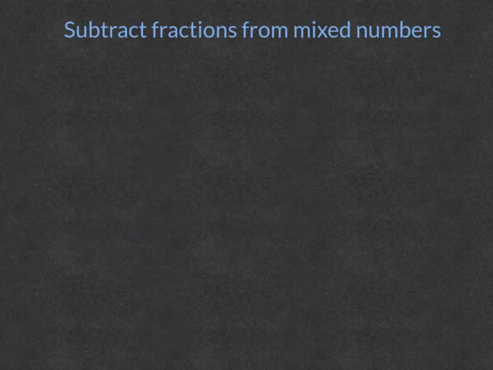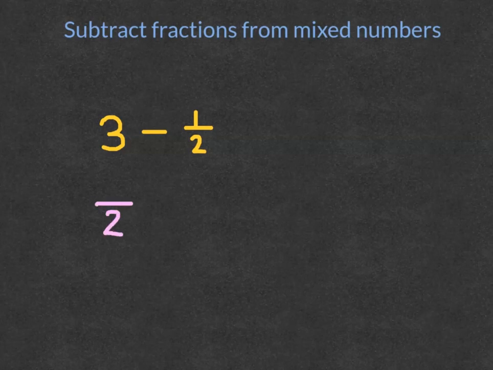I'm going to work through one more before I give you one or two to try at home. 3, take away 1/2. Our first job is to change that 3 wholes into a fraction, and we want the denominators to be 2. 3 times 2 is 6. 3 is equivalent to 6/2. 6/2, take away 1/2, and that leaves us with 5/2.